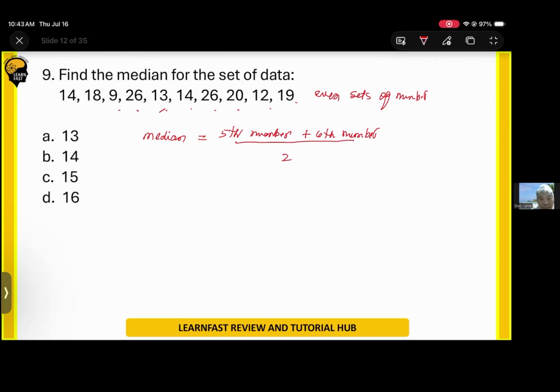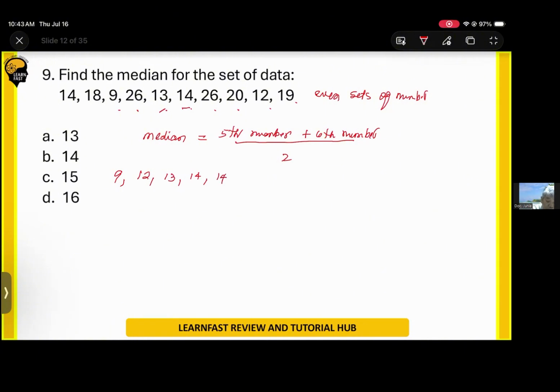Arrange the list from lowest to highest. So the list would start from 9. Then followed by 9 is 12. Okay. Then we have 9, 12, 13, 14. Here's the next: 9, 12, 13, 14, and another 14.